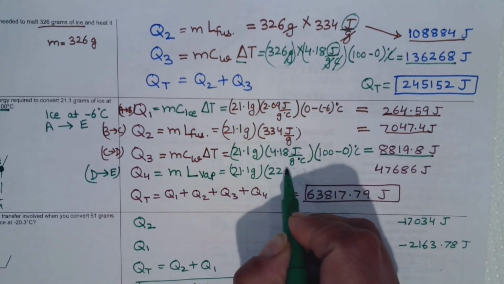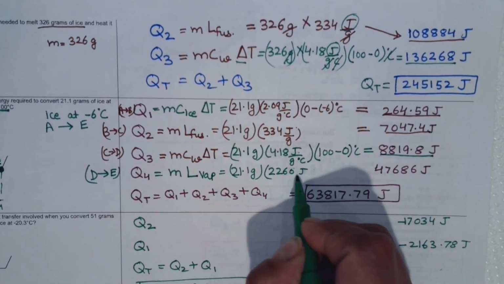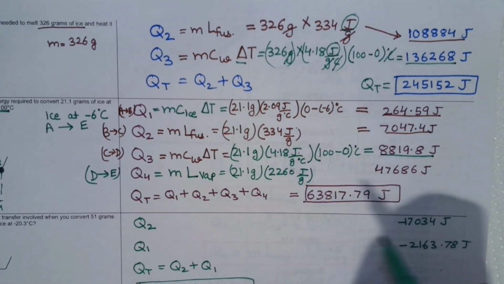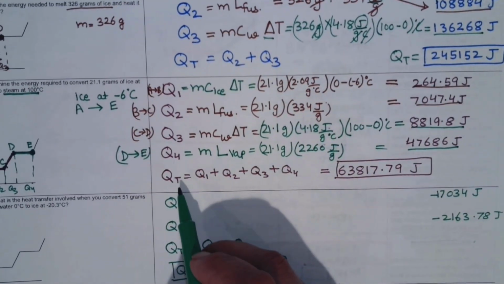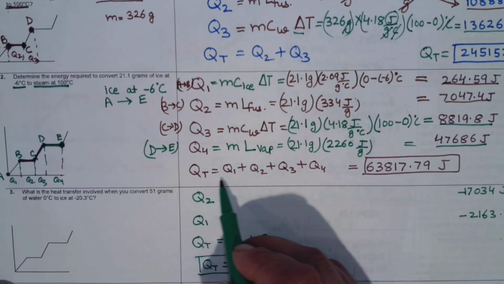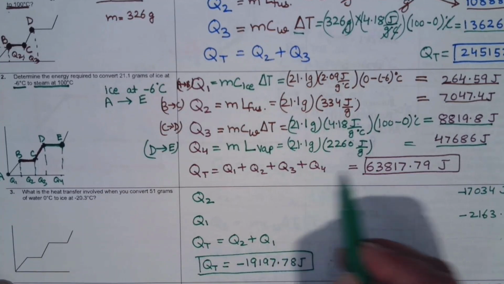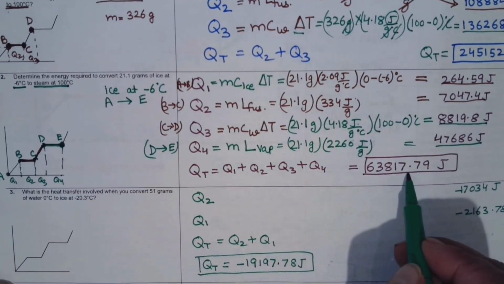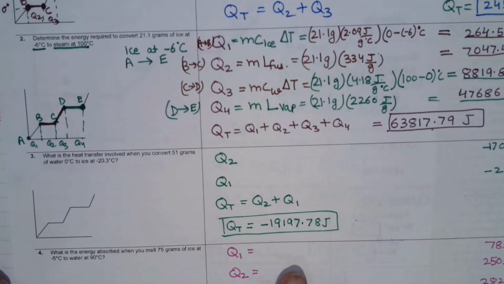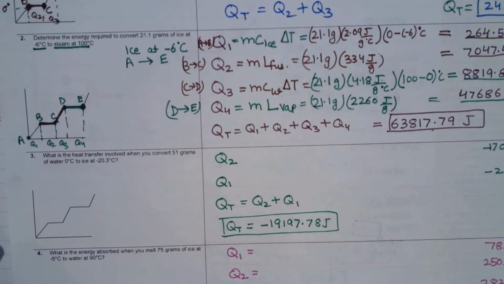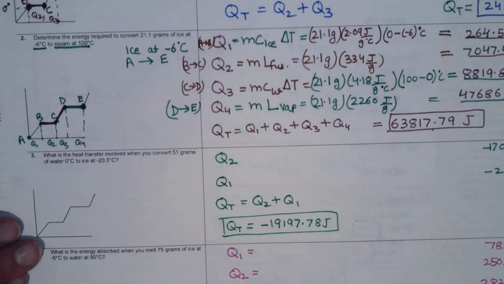So 2260 joules over grams, right? And if you solve that, you are going to get this. So Q total would be the sum of all of these, and you get this answer. Let's do one more. So this time we are going to do a cooling curve.